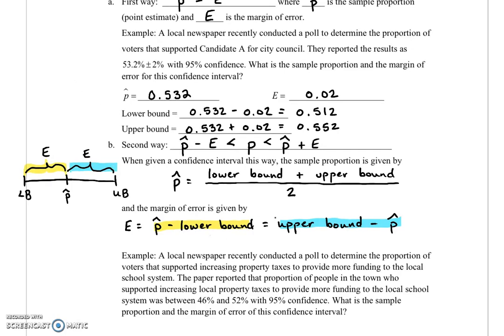But whichever one of these two you do, they should come out to be the same. And it's a good idea to do it both ways just to make sure that you got your p hat right.